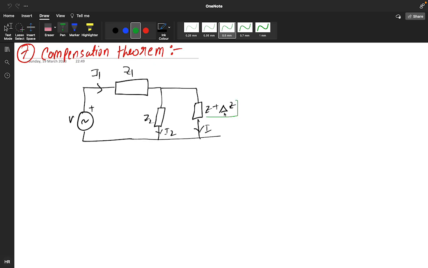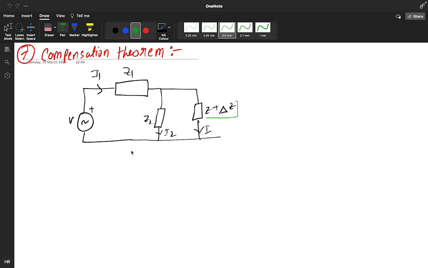Suppose I am getting some error in this circuit. Just wait for a minute.